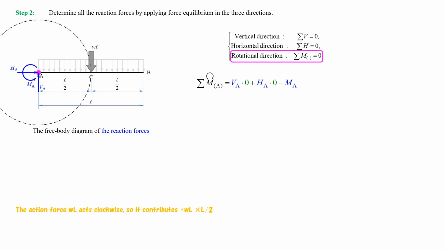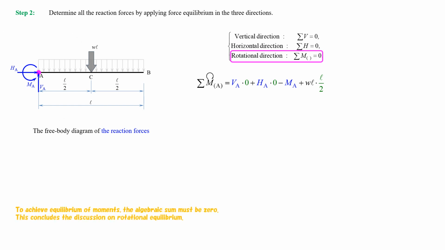The action force, W multiplied by L, acts clockwise, so it contributes plus W multiplied by L, and multiplied by 1/2 of L. To achieve equilibrium of moments, the algebraic sum must be 0. This concludes the discussion on rotational equilibrium.